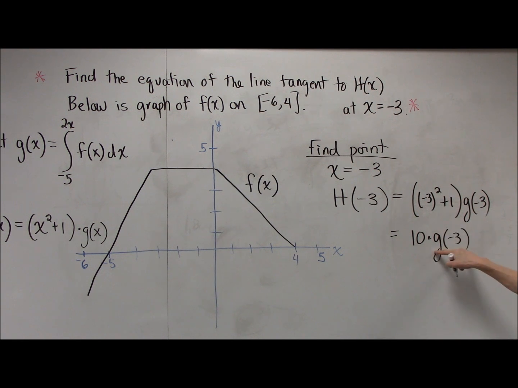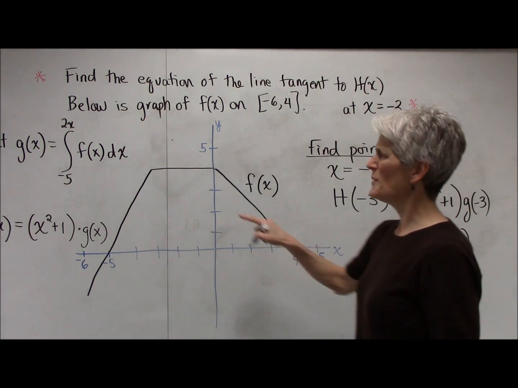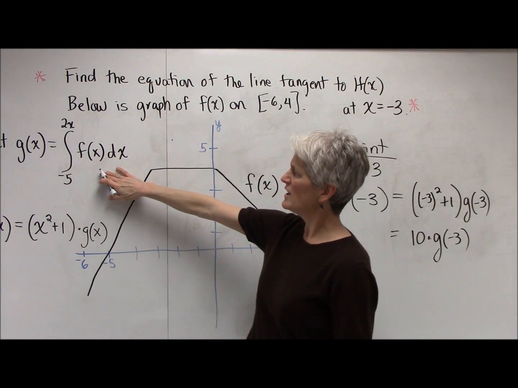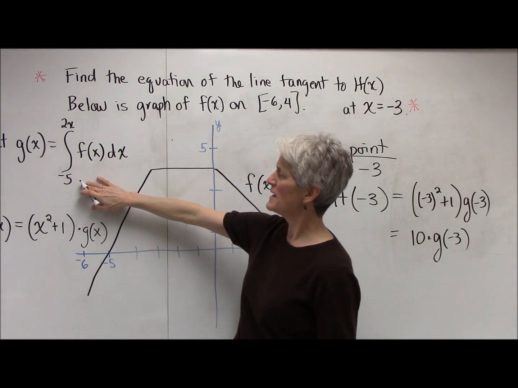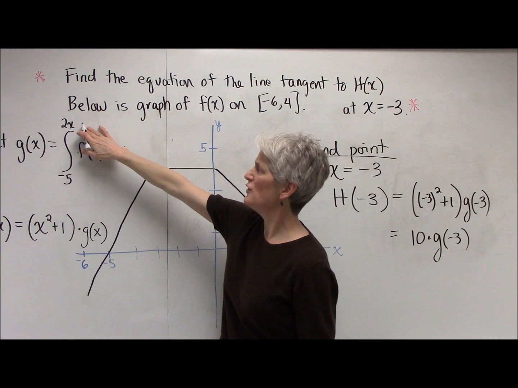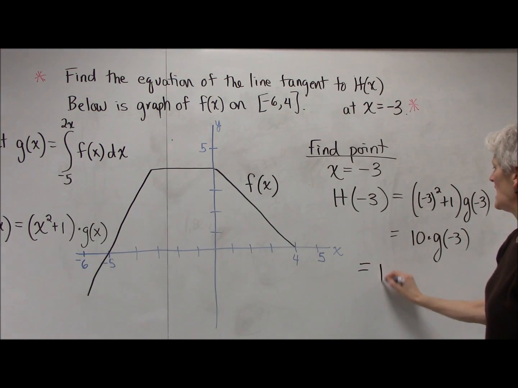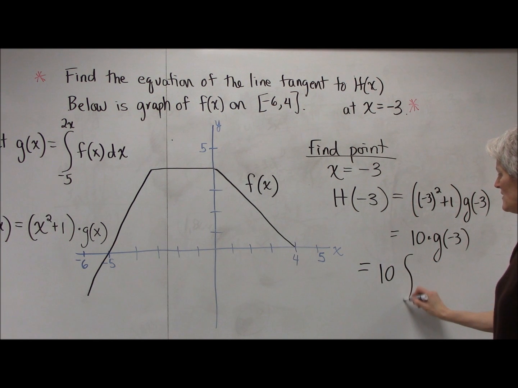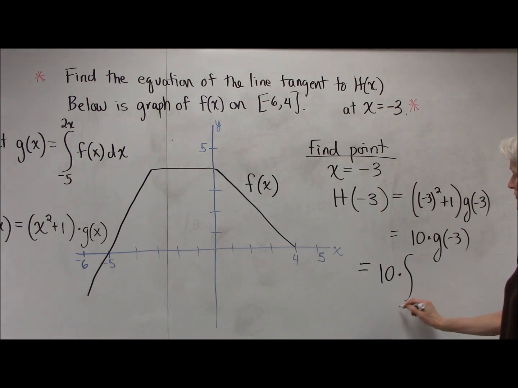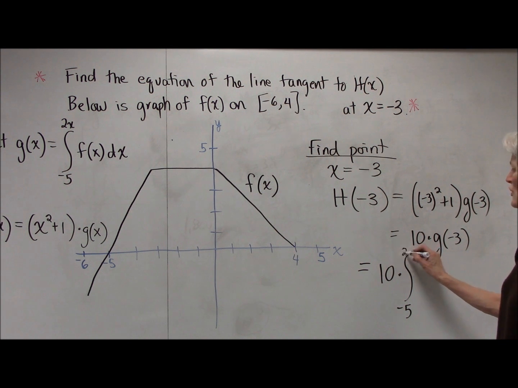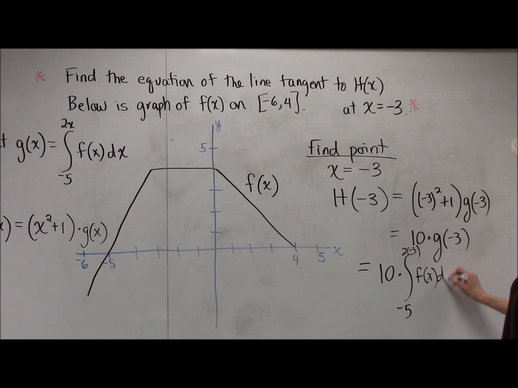Okay, g of -3. Well, let's go back to g. G, of course, is the integral from -5 to 2x of f of x. So to find g of -3, I'm basically going to find my integral from -5 to 2 times -3 of f of x dx. Okay, so far so good.